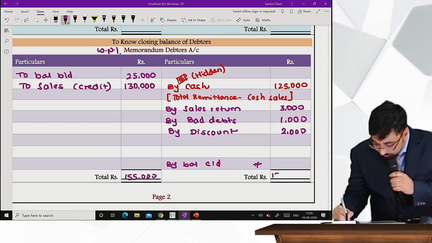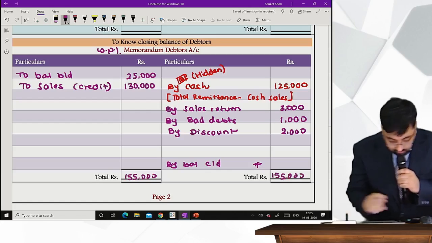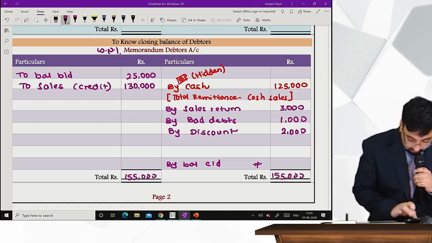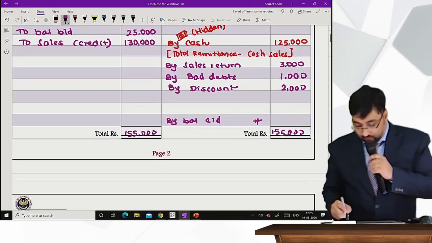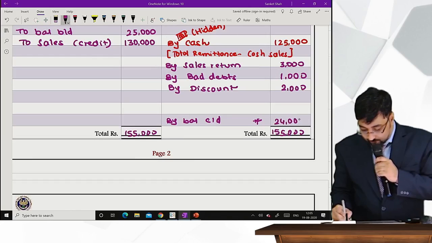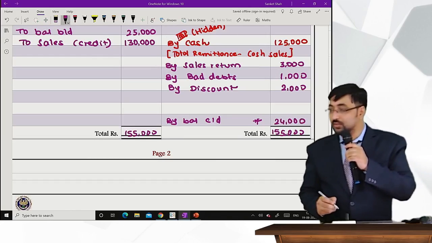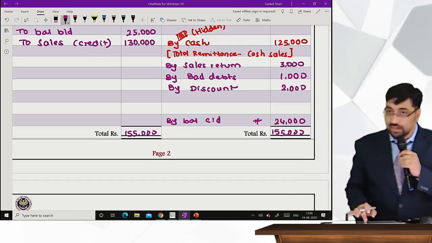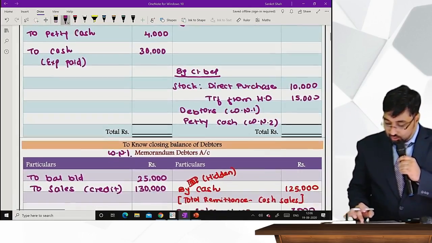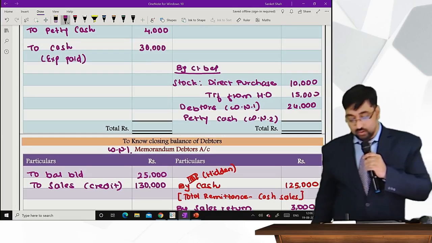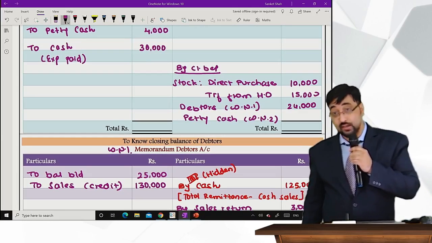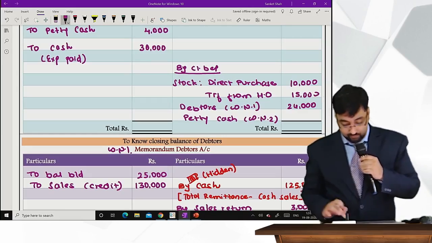And you write 1,55,000 minus 125 minus 3 minus 1 minus 2. So what is the amount? 24,000. Make sure whether I am getting the same answer. 24,000, correct. So debtors 24,000. There is no cross tally. Again, I am telling you.